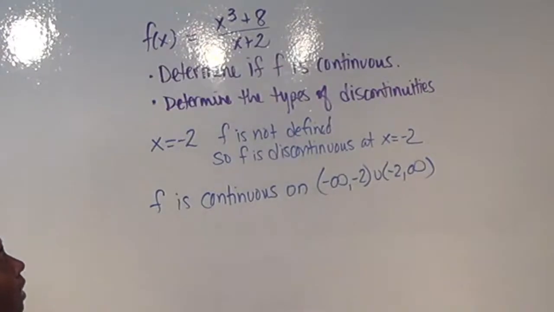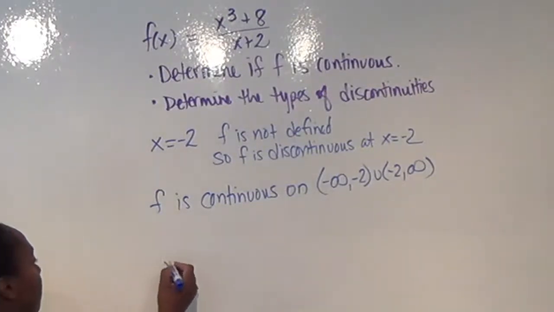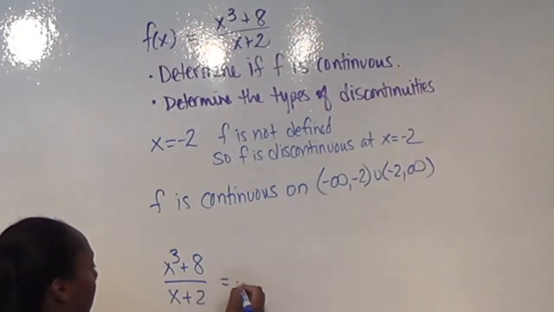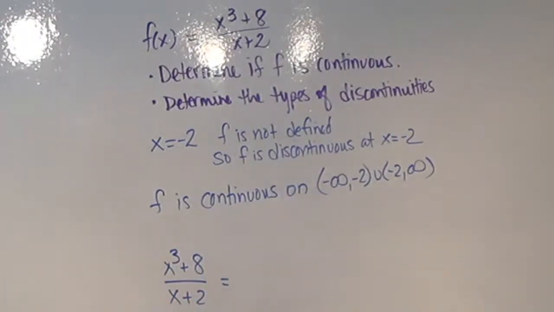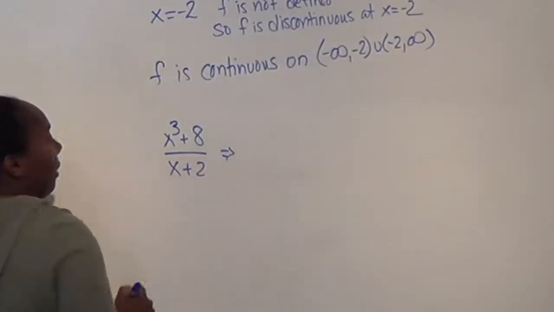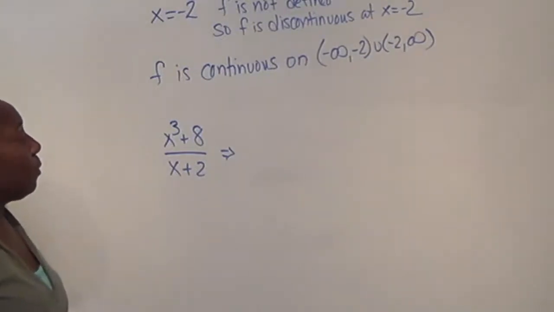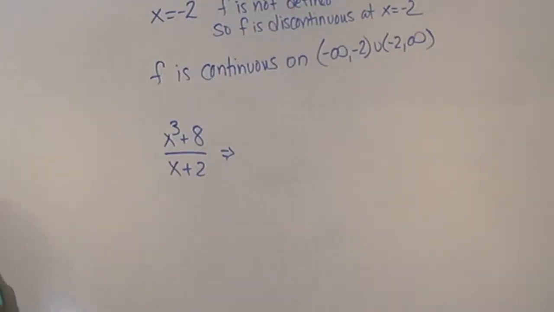To determine the type of discontinuity, we actually have to look in a little more detail at the function. So here, (x cubed plus 8) over (x plus 2), we want to simplify this down and see if we can remove the discontinuity or if it's something that's non-removable. If it's removable, remember we should be able to redefine the function at that particular point.